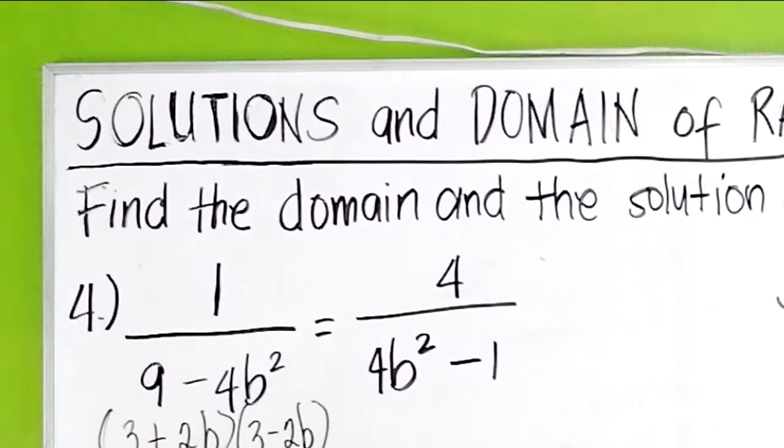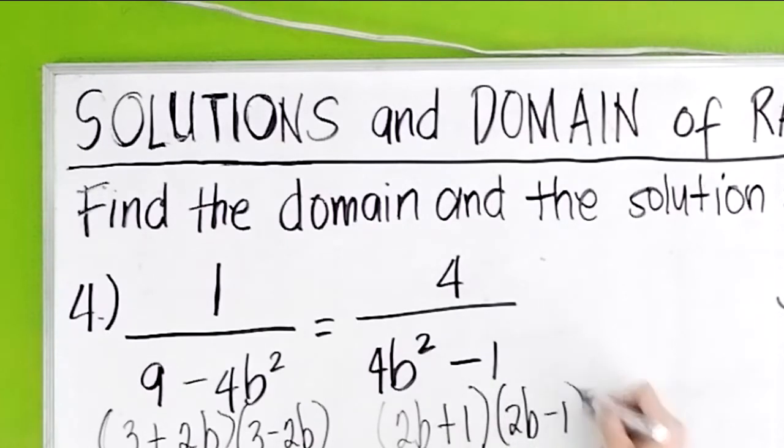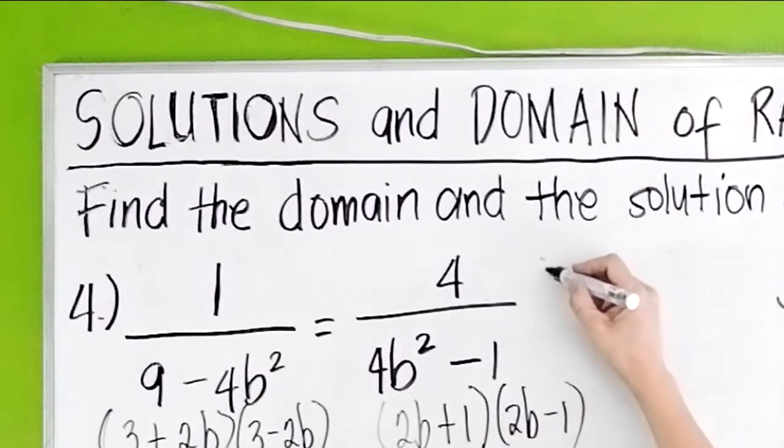Difference of 2 squares. And this is now 2b plus 1 times 2b minus 1. We need these factors for us to determine the domain.